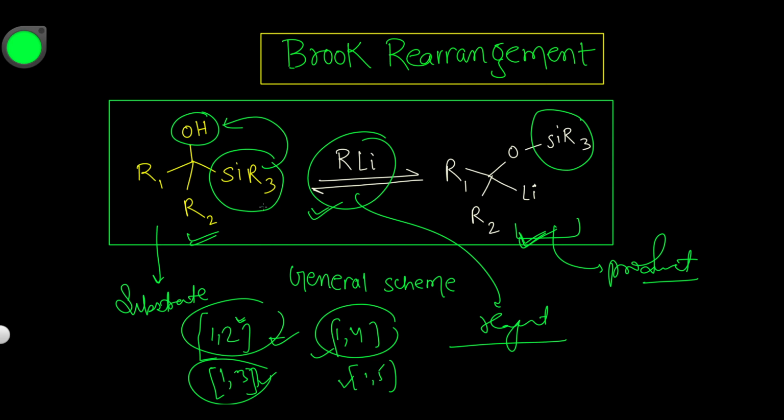This silyl group will migrate to this one. In the product you will get OSiR3. So a silyl migration is happening in this reaction, but I will tell you in much more detail how this happens, with all the mechanism and proper explanation.